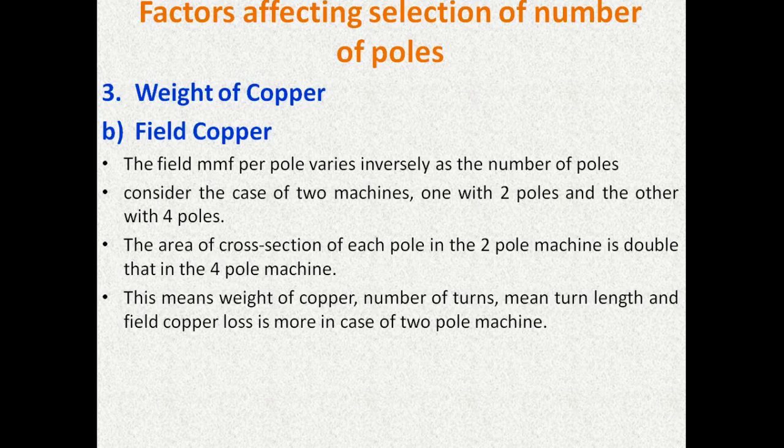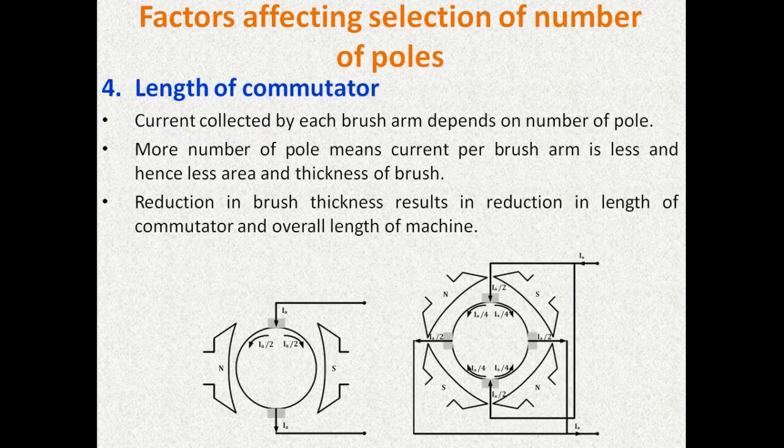So it's very clear that while considering the armature copper as well as field copper, when the number of poles is small, then definitely the amount of copper required will be very large comparing with that of a large number of poles. Next factor which is influencing the selection of number of poles is the length of commutator.